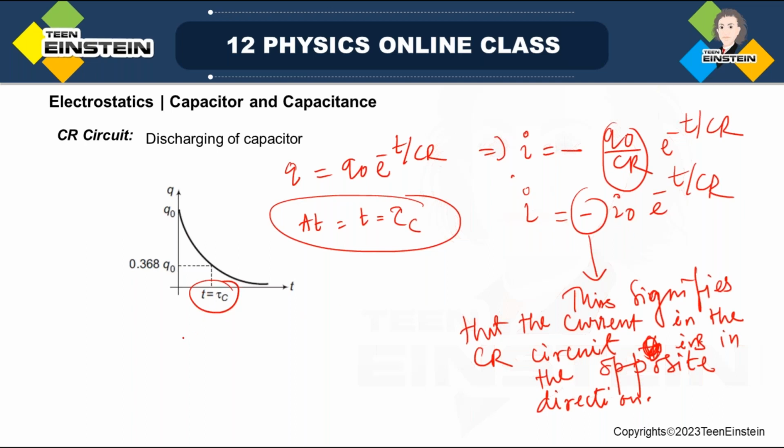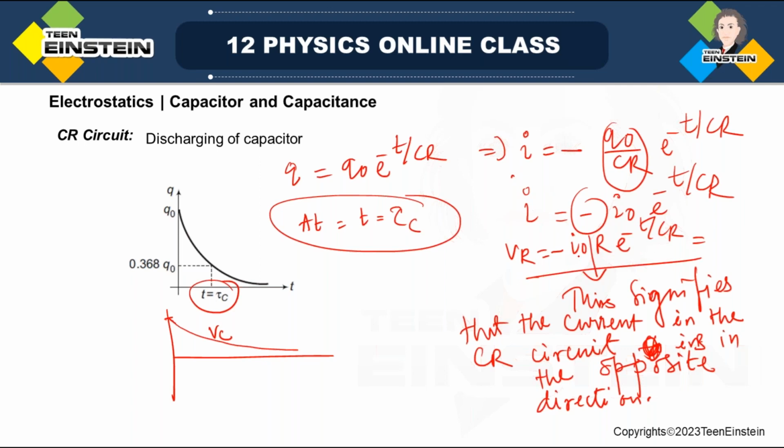Now if I draw the voltages here, see how VC varies. VC will be maximum in the beginning, then it decays like this. This is VC, voltage across the capacitor. What about the voltage across the resistor? VR will be with a minus sign: I0R e to the power minus t/CR.